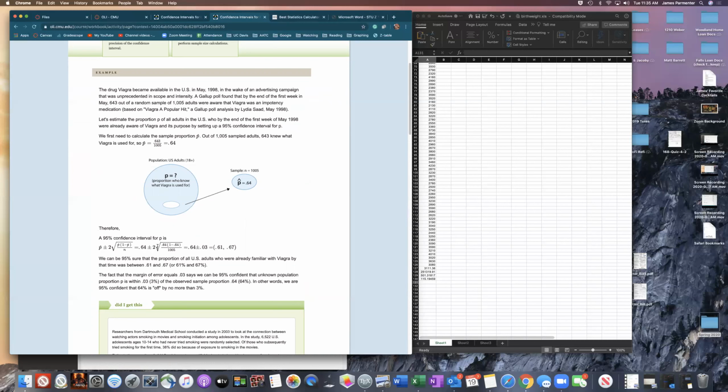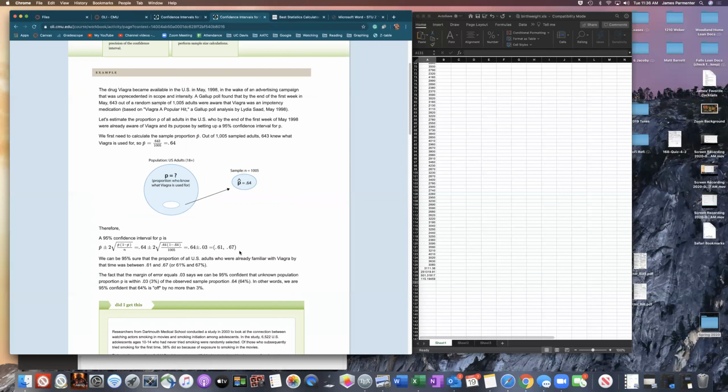Seems like garbage. Sorry, my opinion is that it's garbage. Times the standard error, which is calculated as the square root of 0.64 times (1 minus 0.64) divided by 1005. Regardless of why the numbers may or may not be right, I know the 1.96 probably wouldn't change it that much because we're only going to the second decimal place here.